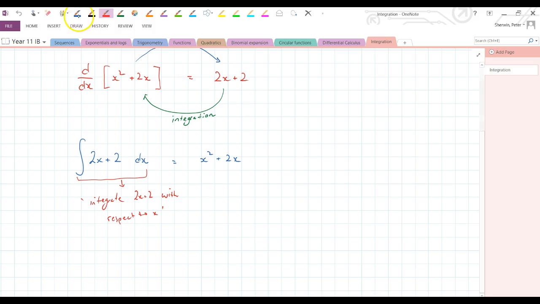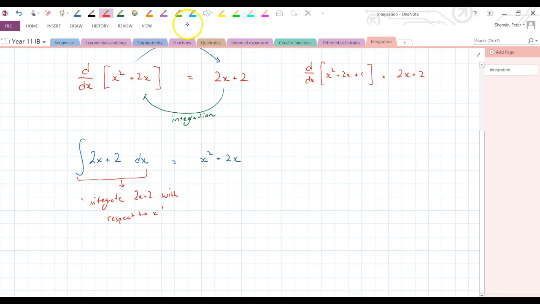But I want to raise something with you here. If we wanted to derive x squared plus 2x plus 1, we would still get 2x plus 2. So how do we know?